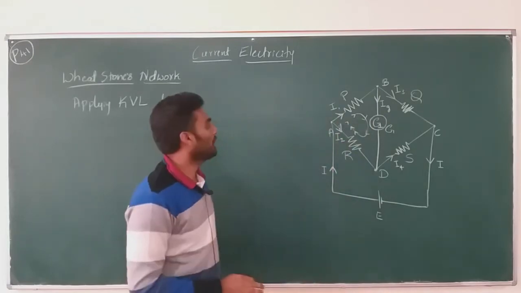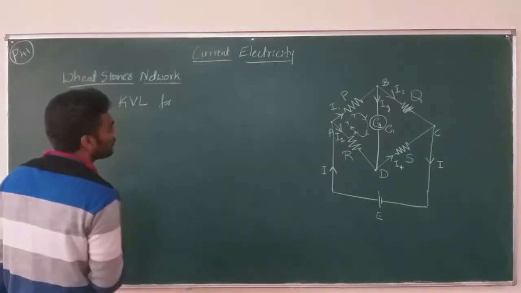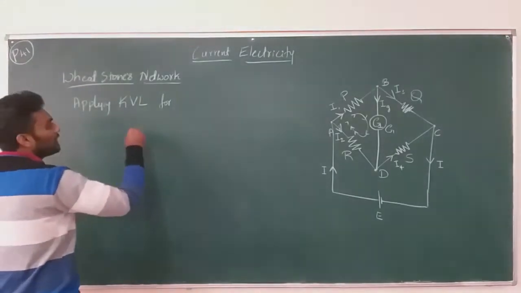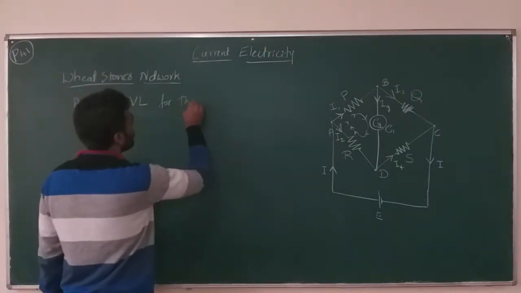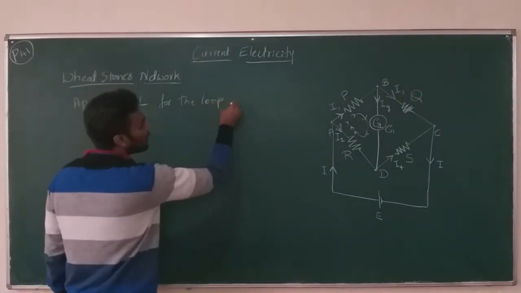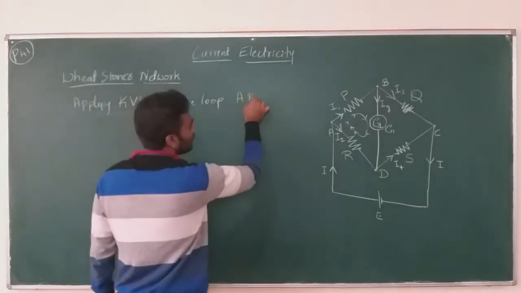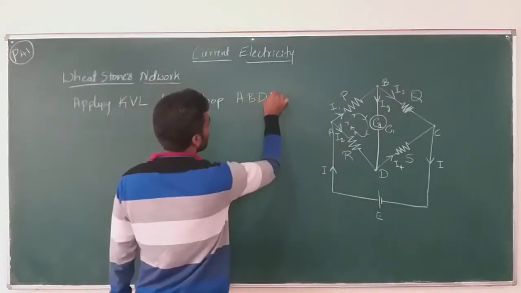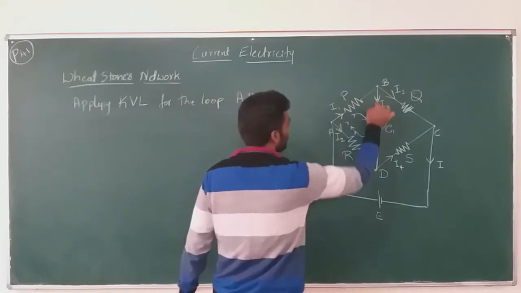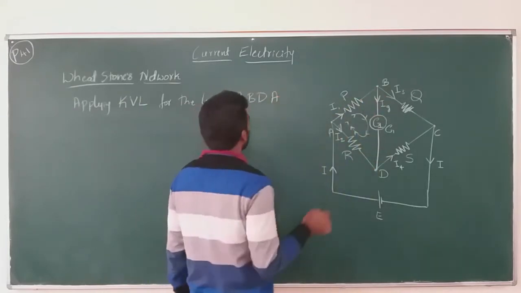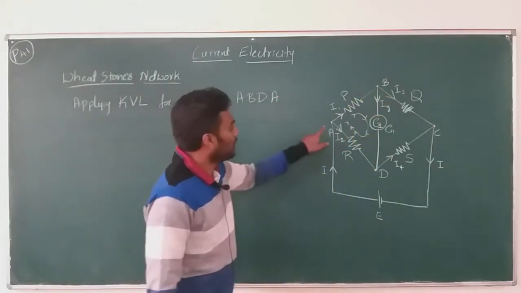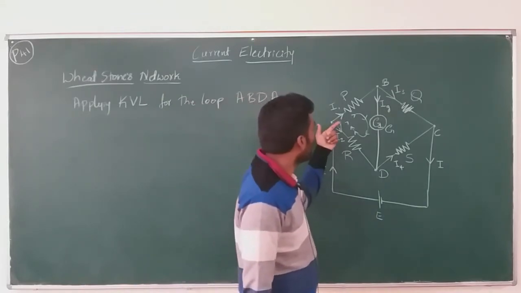That doesn't make any difference in the expression that we obtain. Applying KVL for the loop A, B, D, A. So, let me start from point A and move along the path.